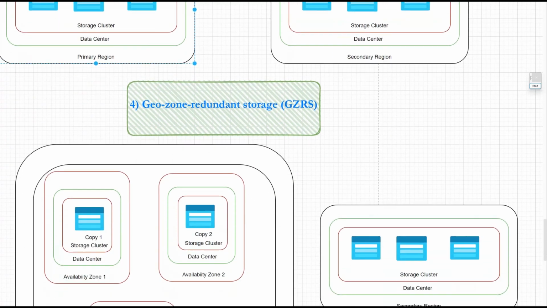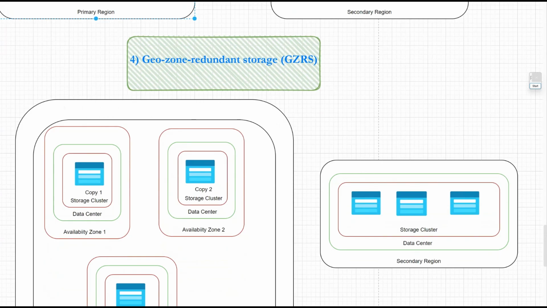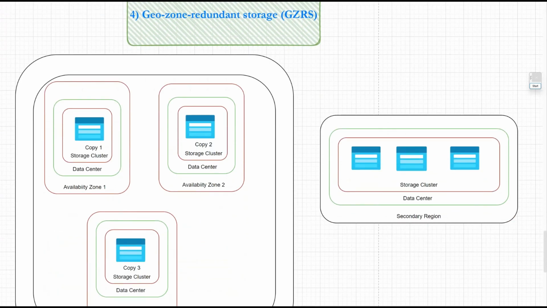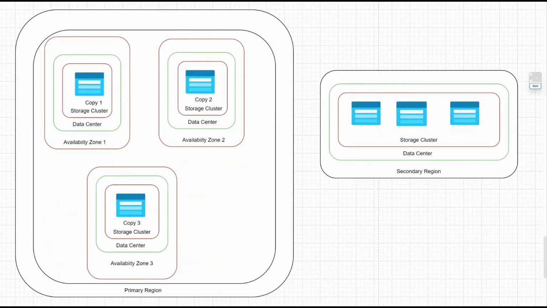So the fourth one is geo-zone-redundant storage, which is GZRS. This GZRS integrates ZRS within the primary region and asynchronously replicates the data to a secondary region.